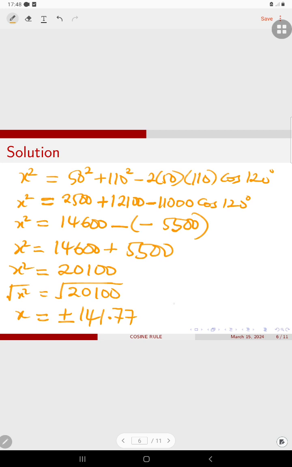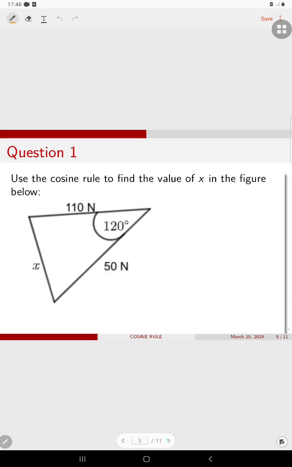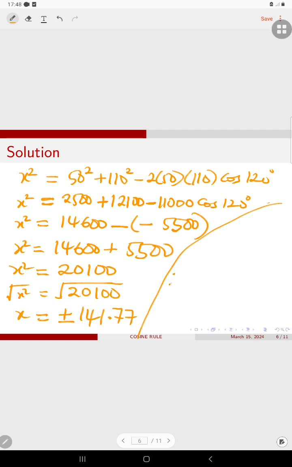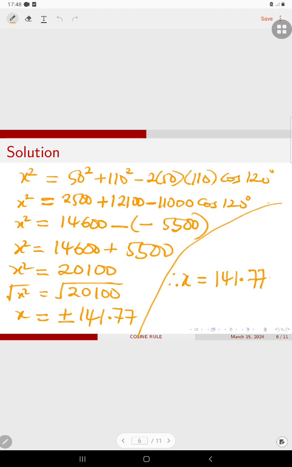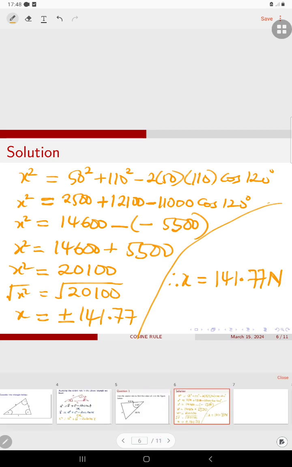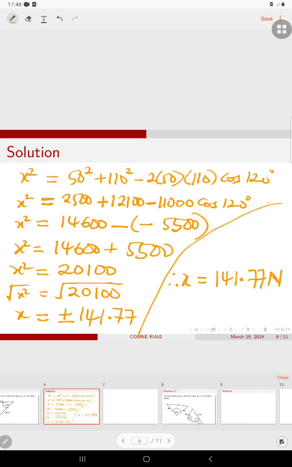Okay, but you know, this is a check, x is a distance, is a length, so you don't take the negative, you take the negative out. So 141.77, and the unit is newtons. I hope you are following. Great. So that is the cosine rule.